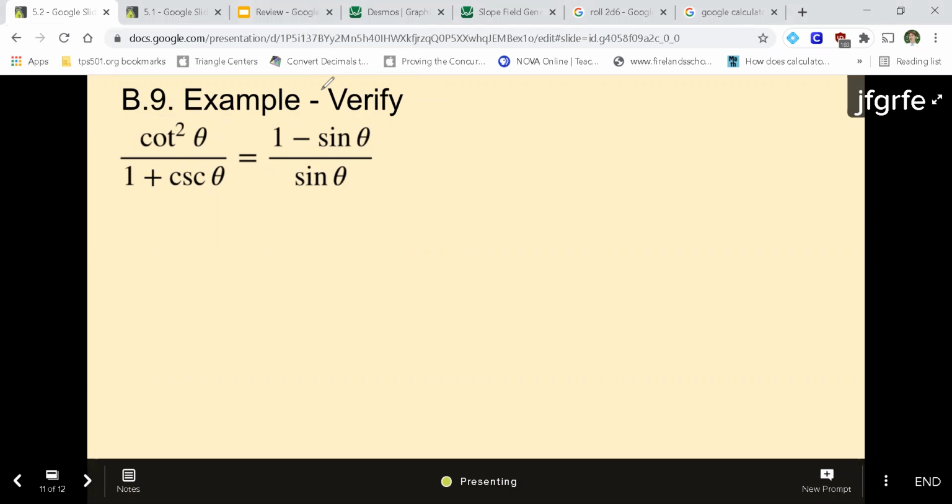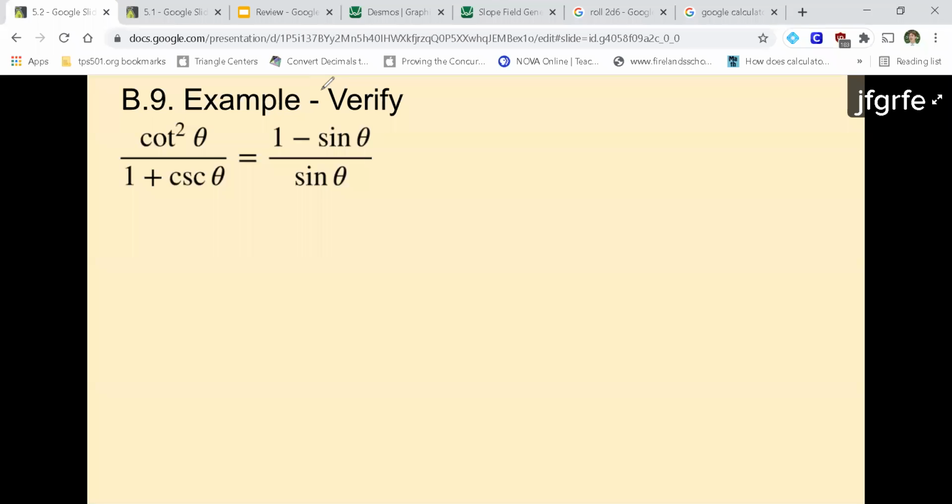All right. So Mr. Lake said start with the less complicated side. Both of these sides are terrible. So when both are terrible, here's what you do. Start with the side you like, keep going until you get stuck. Then do the other side and see if you can meet in the middle.